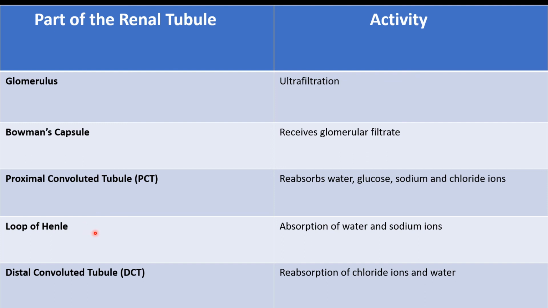In the loop of Henle region, absorption of water and sodium ions takes place. And in the distal convoluted tubule, again the reabsorption of chloride ions and water takes place.